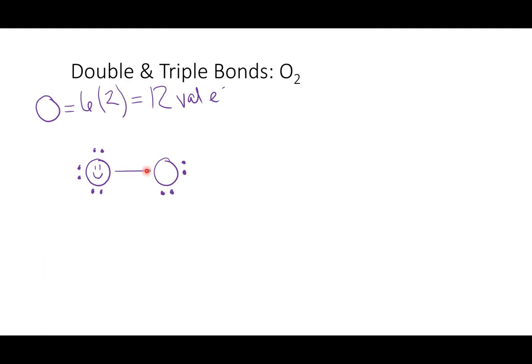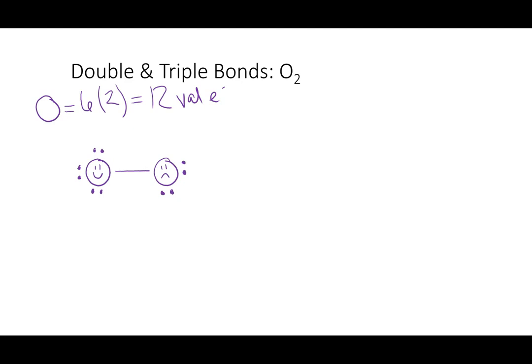He's got 1, 2, 3, 4, 5, 6. So he is not happy. It's not going to work for him. I don't have any more electrons to distribute, so I can't just give him 2 more electrons.